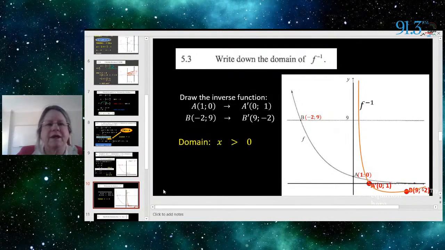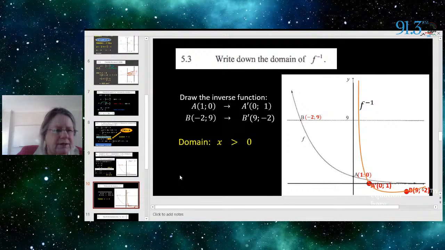Question 5.3. Now they want a domain. Domain means where will we find x values? But here comes the catch. It's the inverse of f. Now we know that the inverse of f, remember originally, f is an exponential equation.